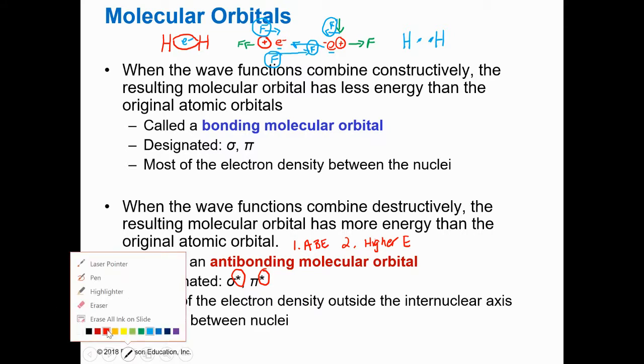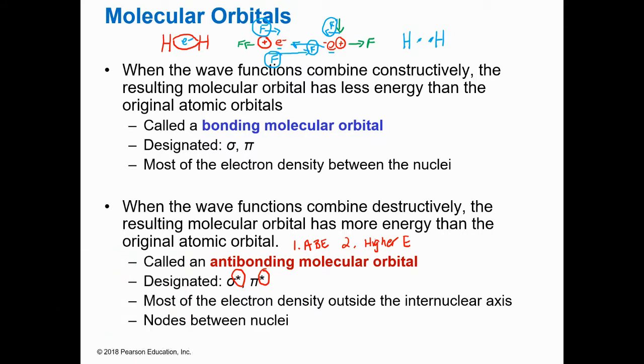Your anti-bonding is going to look like this, where the electrons are going to be outside. Okay, not in between the nuclei, but on the opposite sides of the nuclei. And their shapes, that's a really bad picture, kind of look like D's. Well, a backwards D and a regular D. Okay, and it's not going to be between them. That's the takeaway.